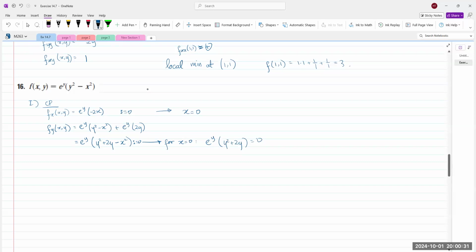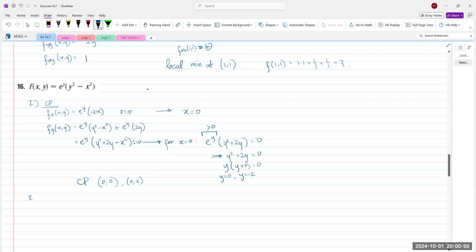But e to the y cannot be 0, the only way is this guy always positive, right? So the only way is y squared plus 2y equals 0. You will see either y equals 0 or y equals negative 2. So the critical points are (0, 0) and (0, -2).